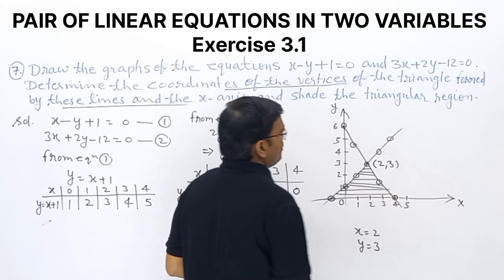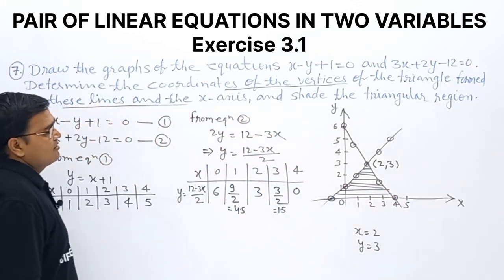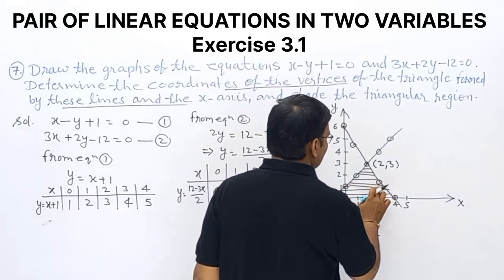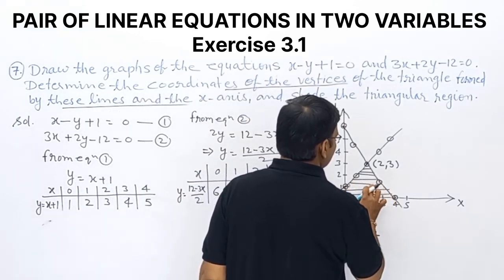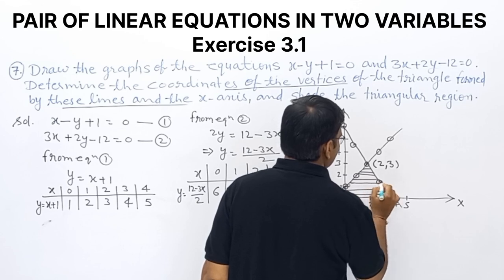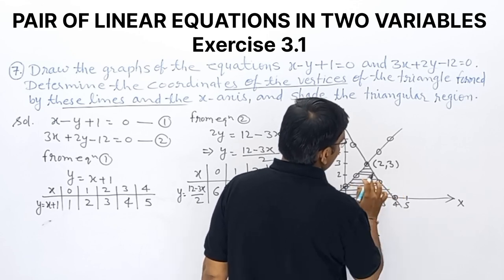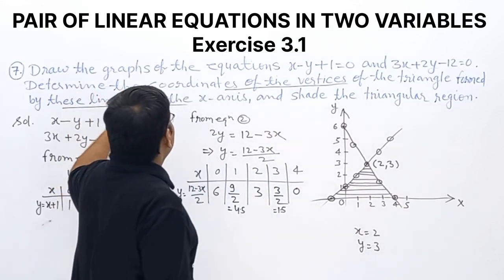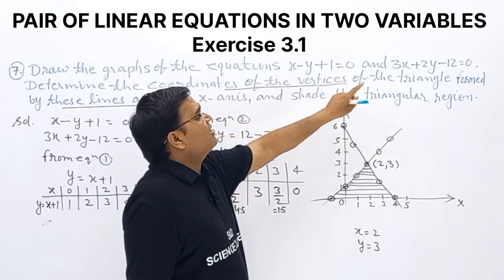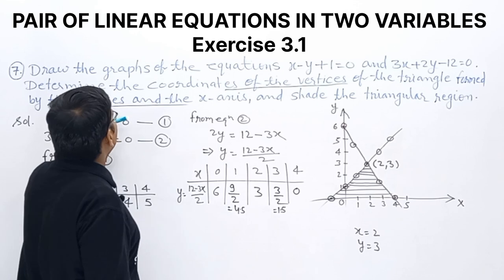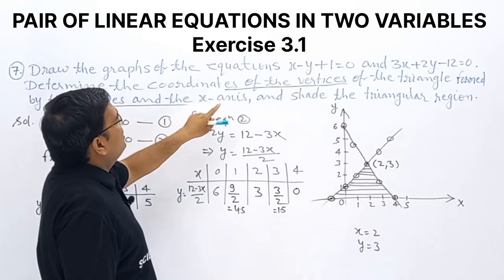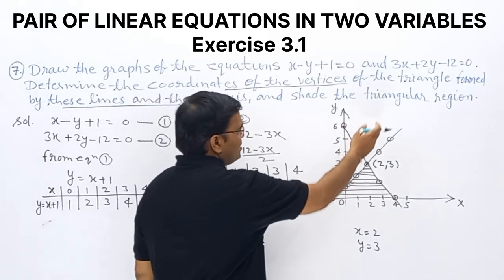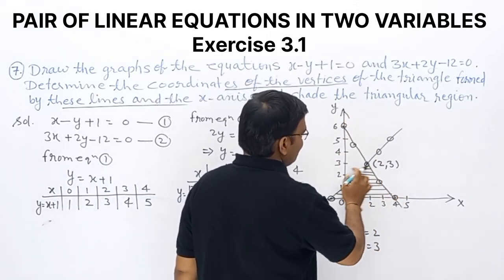The question says: determine the coordinates of the vertices of the triangle formed by these lines and the x-axis. So these lines and the x-axis make this triangle.